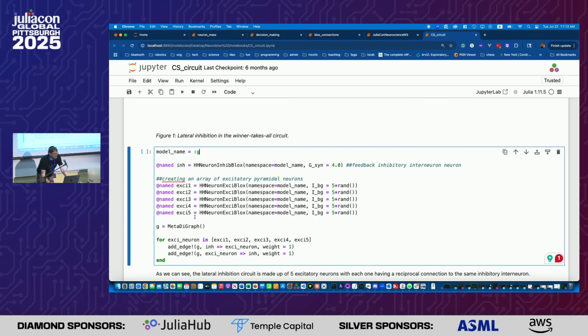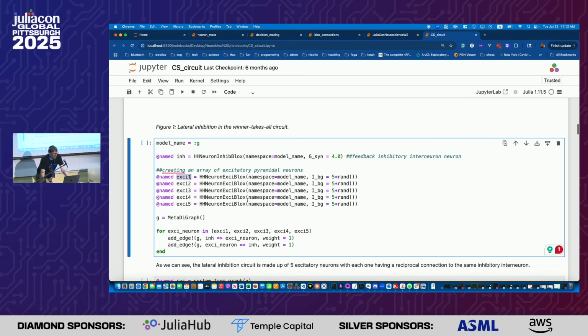And again, the convention is that when you create something in Neuroblox, and this is the same thing if you create something in ModelingToolkit, there's a macro, @named, to make it simpler for you to create the systems by naming them automatically. The internal name is the same as the name of the variable.